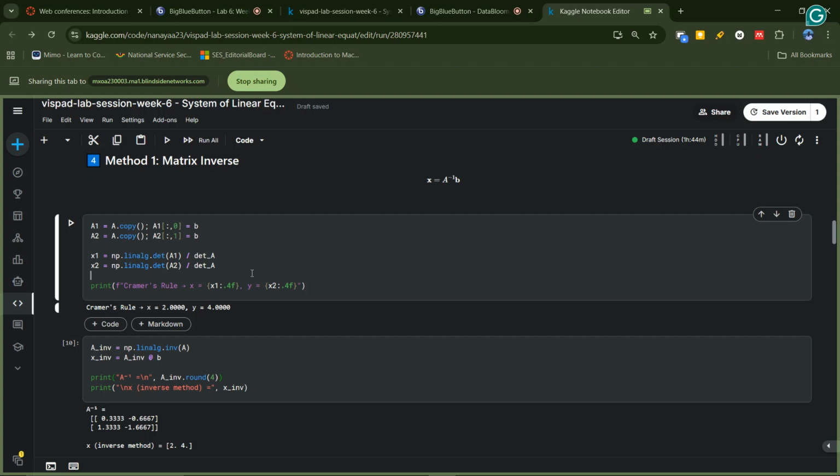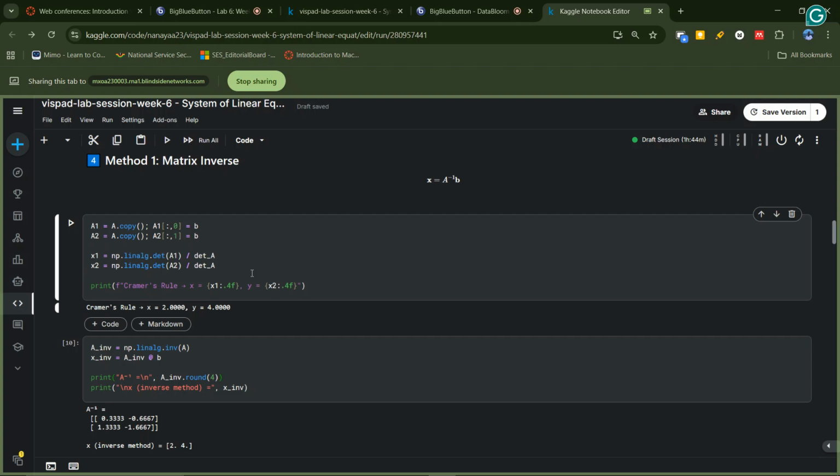To transform this into a system of linear equations, we have negative 5x plus 2y equal to negative 2, and negative 4x plus y equal to negative 4. This is the same as Ax equal to b.